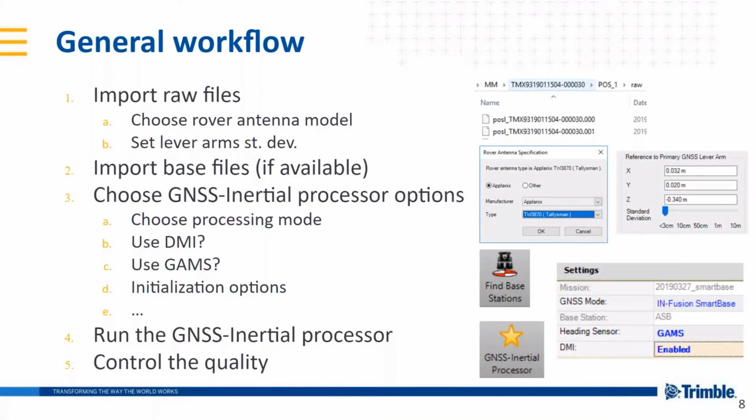In GNSS inertial processor, you need to choose the proper processing mode, then decide whether to use DMI and GAMS, and select the proper initialization options. After that, we can generate the SBET file. At the end, we should view and control the quality by using display plots in POSPac.